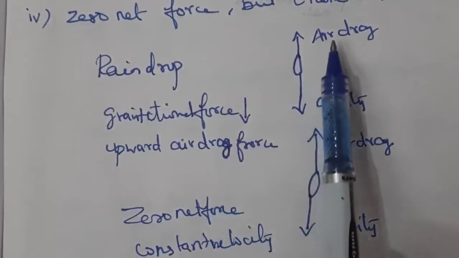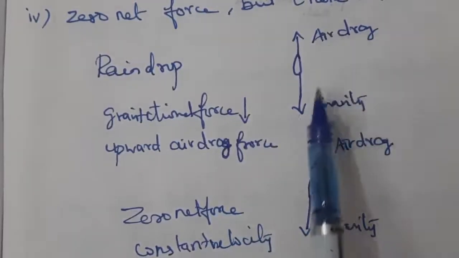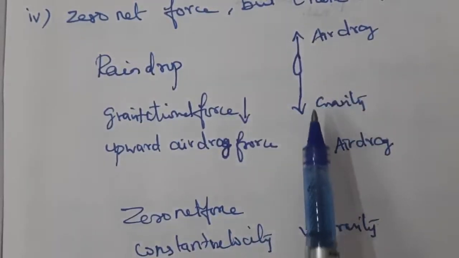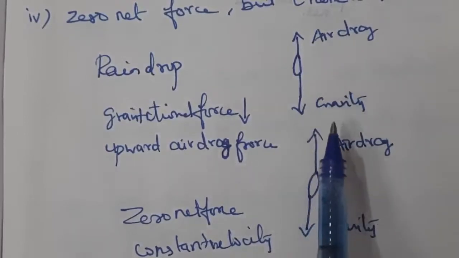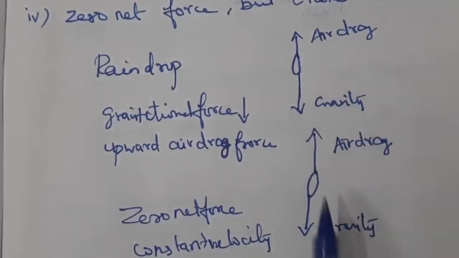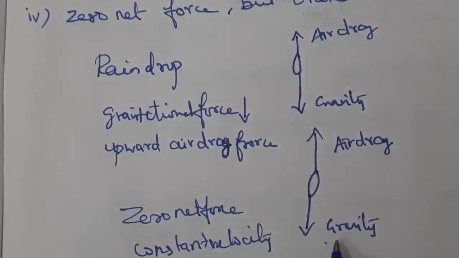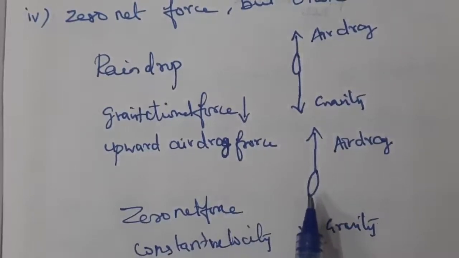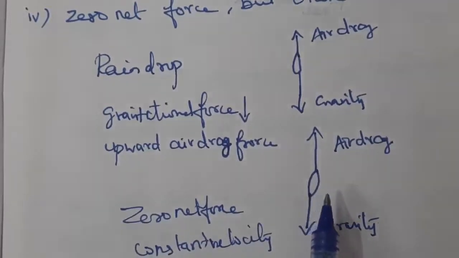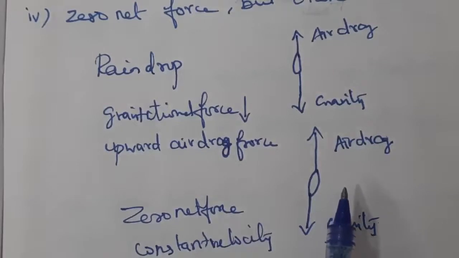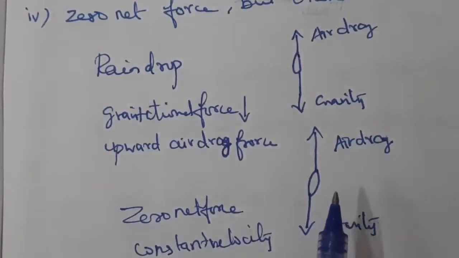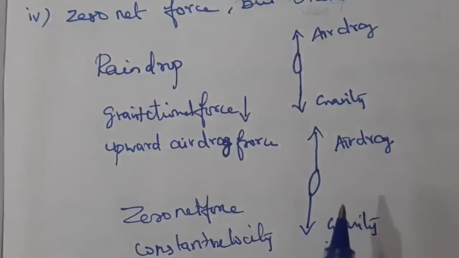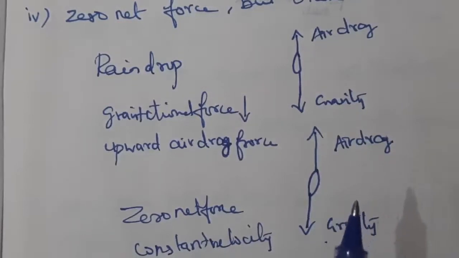At first, the air drag force is comparatively less than the gravitational force. When it descends, the air drag force increases, and at a particular time, it cancels with the gravitational force. So there is zero net force acting on it. Also, this raindrop moves with a constant velocity. So we can say the raindrop comes with a zero net force, therefore zero acceleration, but with a non-zero velocity.